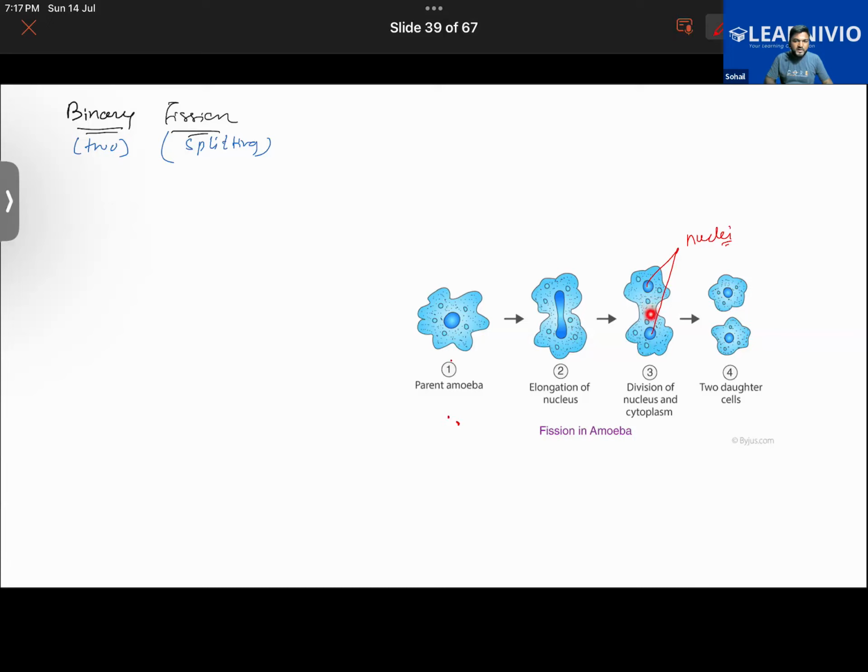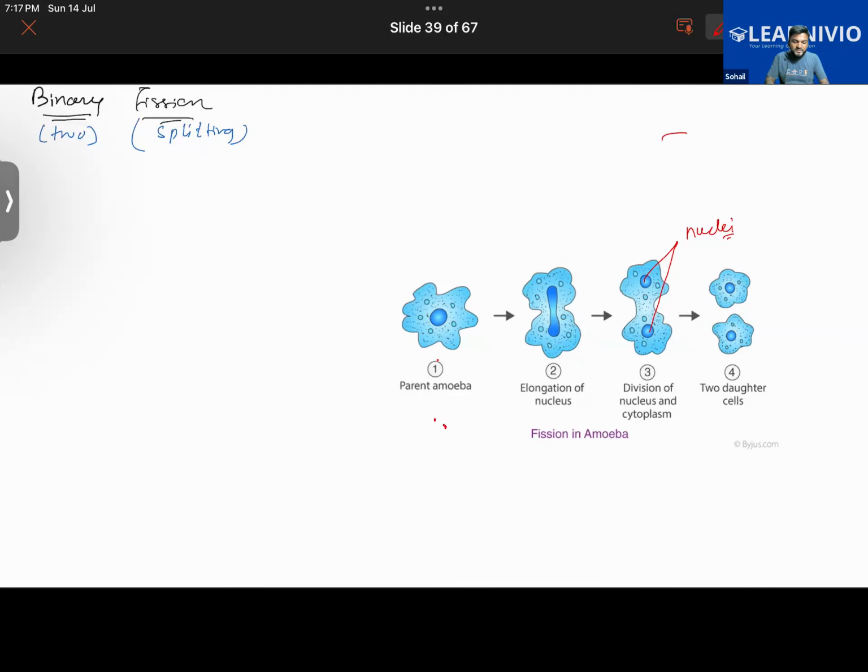Because two cells would have separate cytoplasms of their own. Like you have cell 1 and cell 2. Let's say this is a multicellular organism made up of two cells. Cell 1 and cell 2 both have their separate nucleus, and they have their separate cytoplasm also.